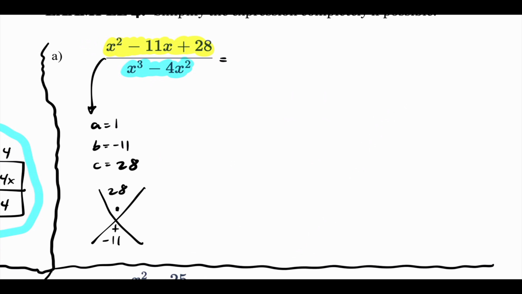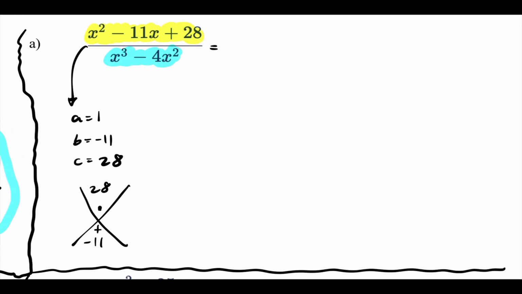Multiplies to be 28, adds to be -11. -7, -4.